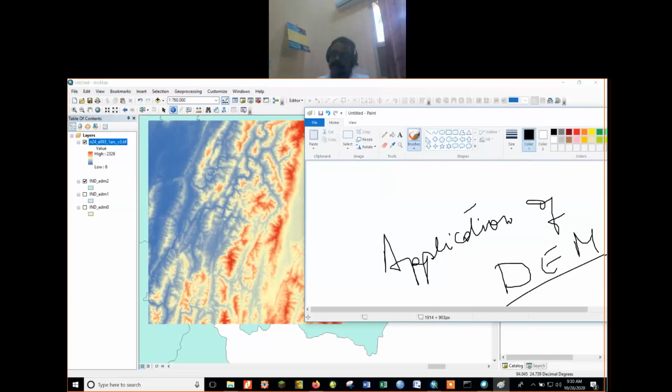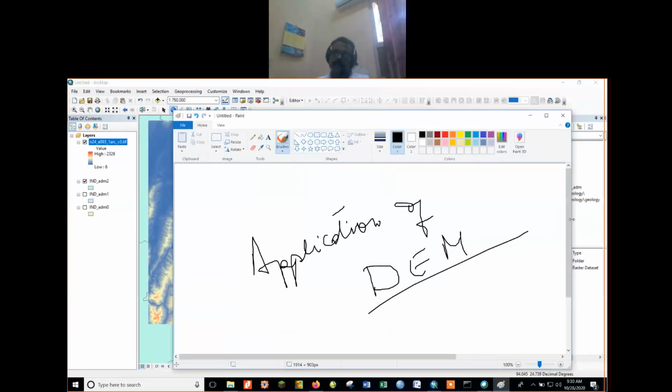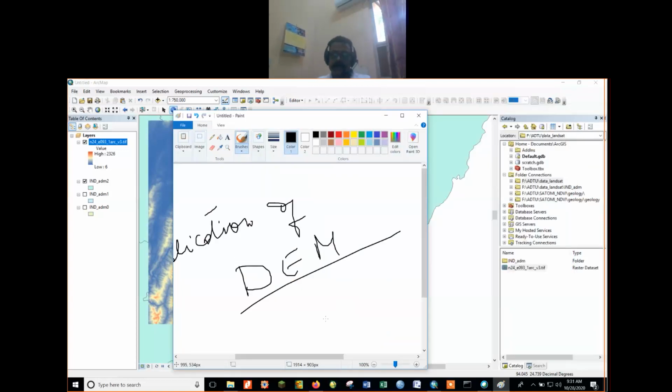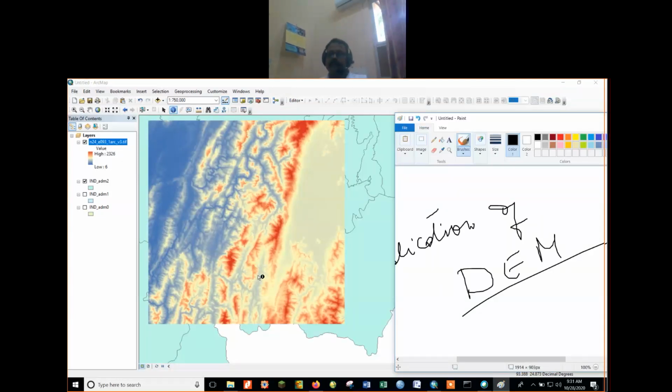It can have applications during disaster time, as well as during a normal period. This is satellite data. Since you are students of disaster management trying to learn remote sensing, I ask what is the application of this DEM? Who can tell? We have discussed this before, even during the class.